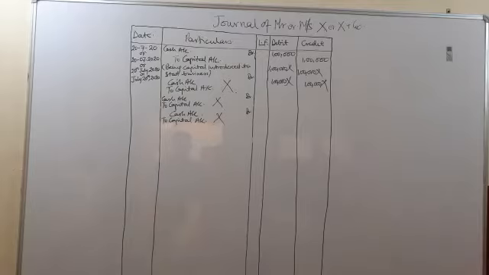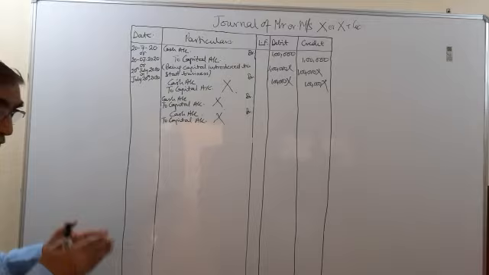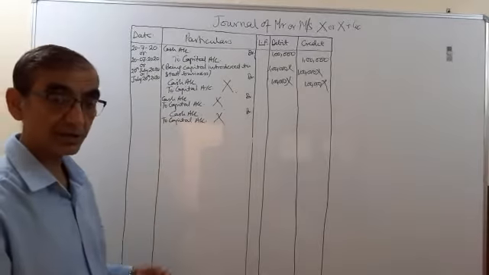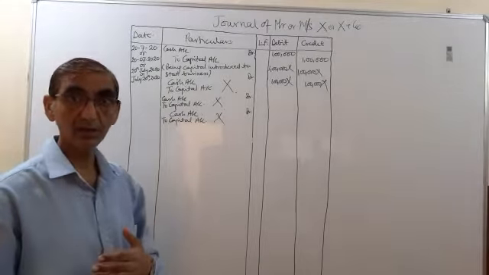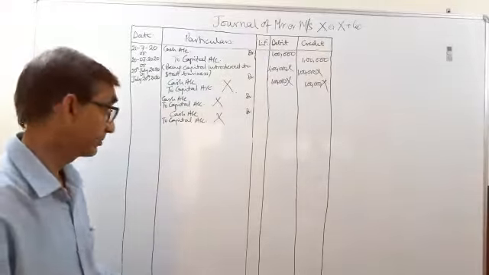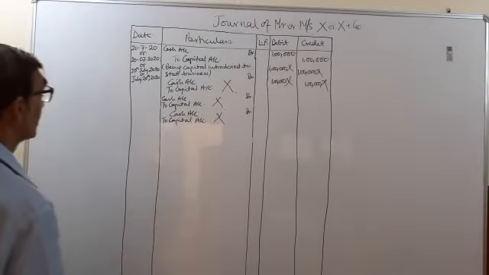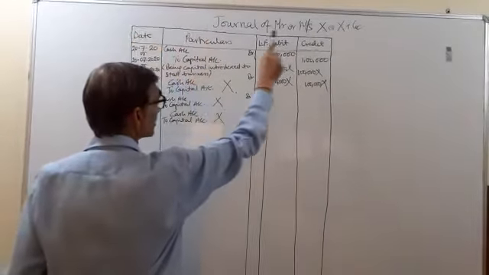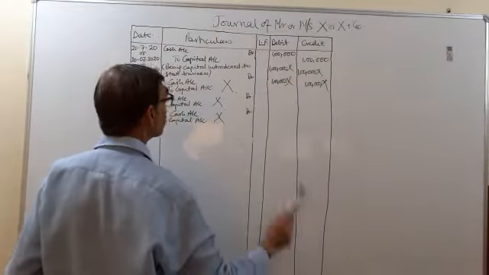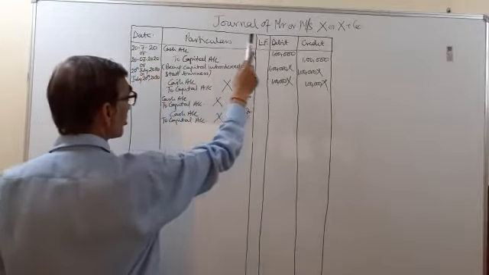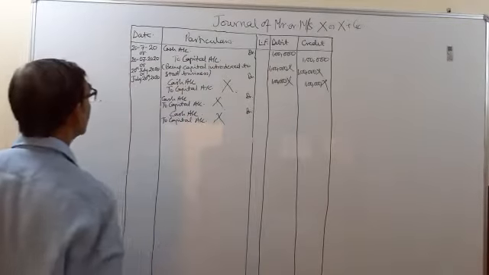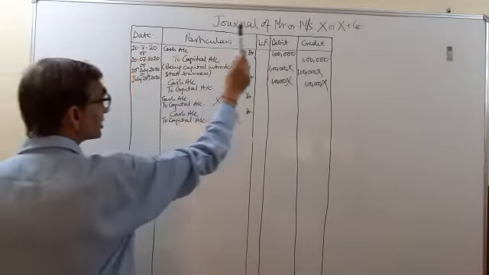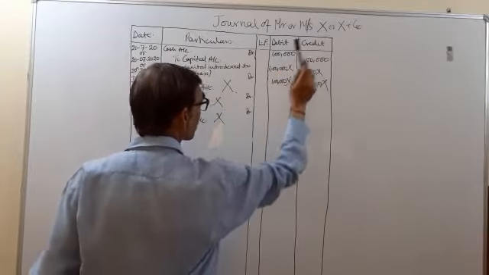Now, children, learn how to present a journal in your notebooks, that is your registers, and in the examination copy, the answer sheet. You will draw the format of journal, which comprises 5 columns: the date column, the debit column, and the credit column.